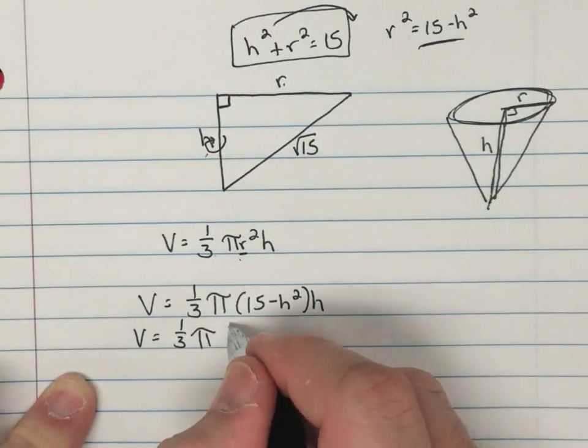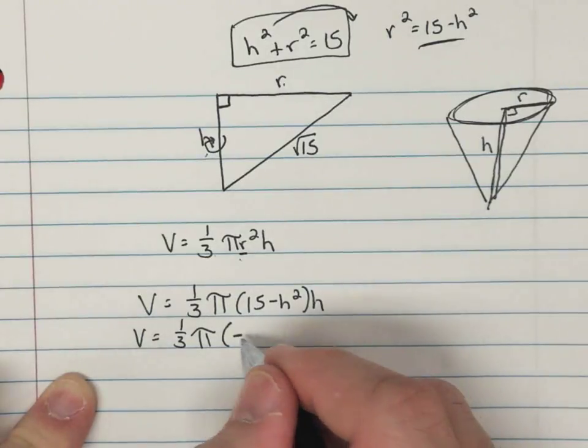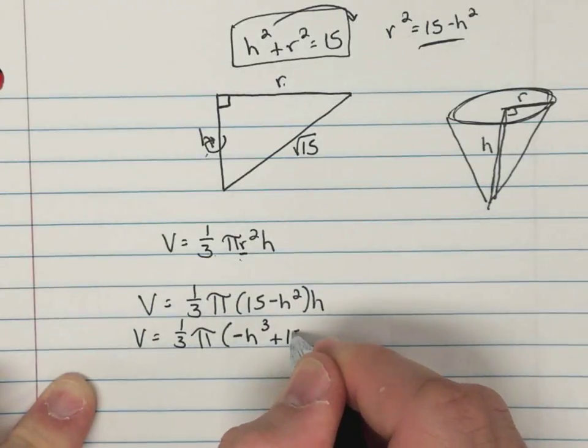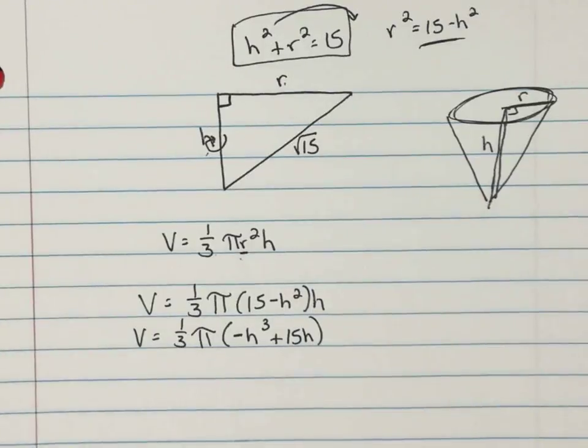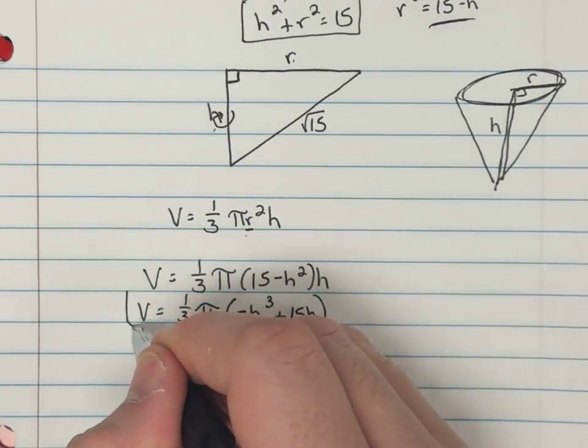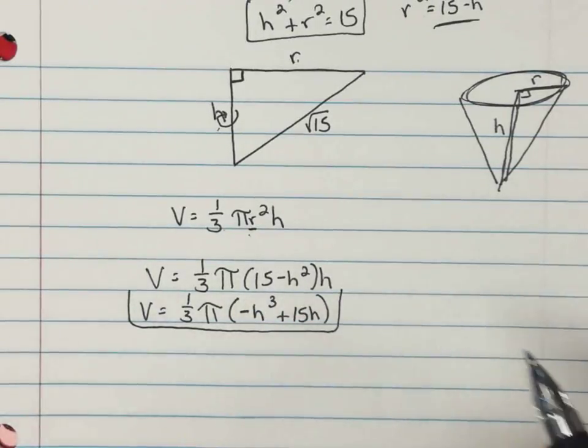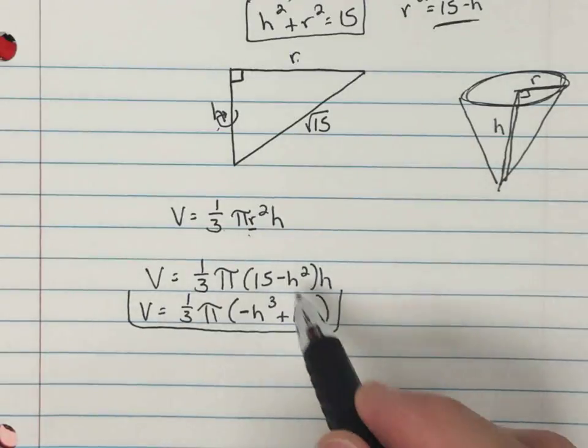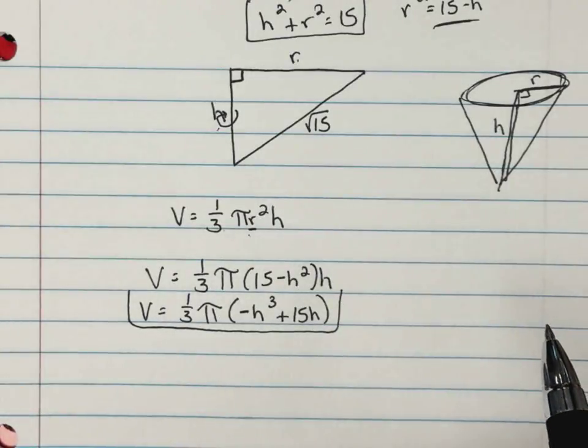Distributive property, I'm going to put my h's first: negative h to the third plus 15h. That's my volume. If I've got a height, then I can plug it into that, and I've got my volume. I don't need a radius anymore because I eliminated that variable.